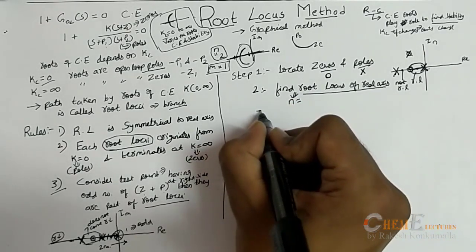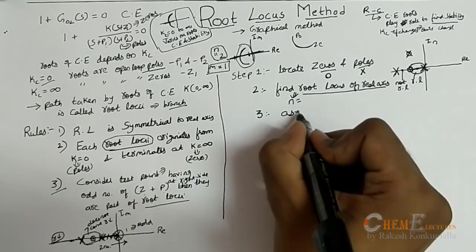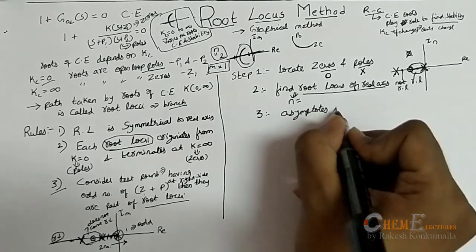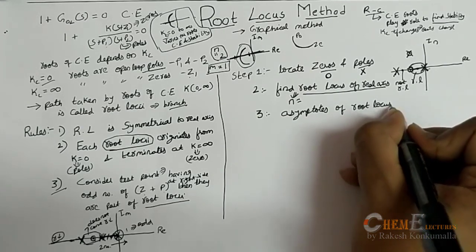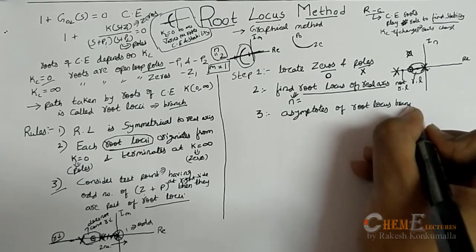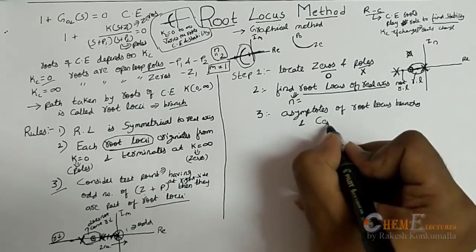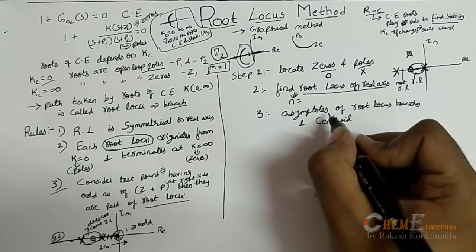Now step 3, I need to find an asymptote of root locus branches and centroid. This is my step 3 where I need to find asymptote.